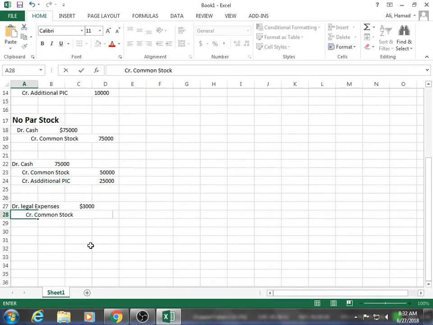And the difference is the additional paid-in capital. Yes, sir. Credit additional PIC for $1,000.